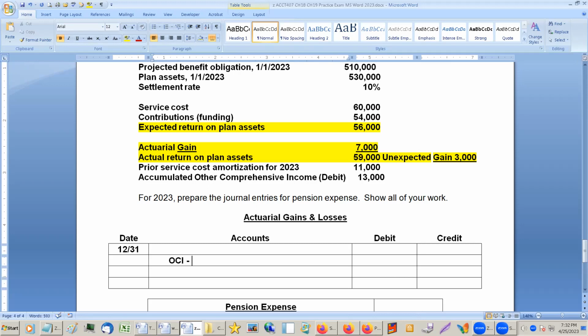The comprehensive income. Gains are credits. Losses are debits. And that's not just for this problem, that's for everything. Gains are credits, losses are debits.